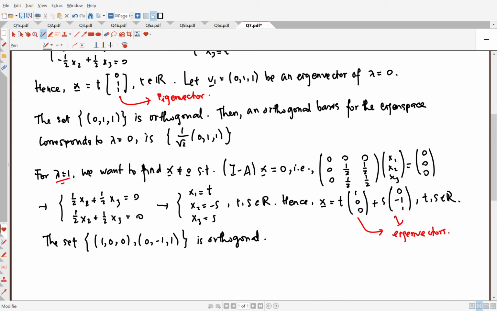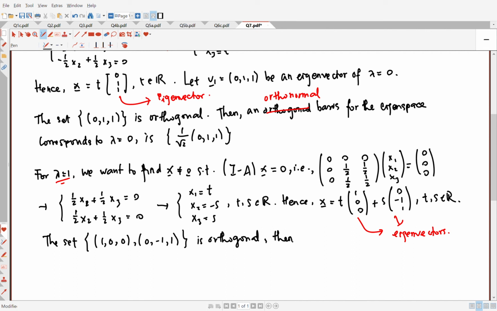We are very lucky here. If it is not orthogonal and you want to find the orthonormal basis, sorry, this should be orthonormal, what you need to do is apply the Gram-Schmidt process on these two vectors.